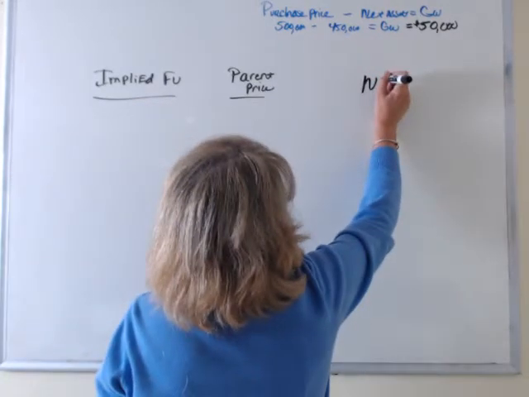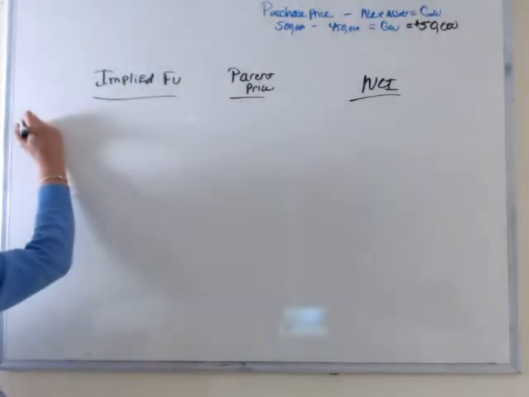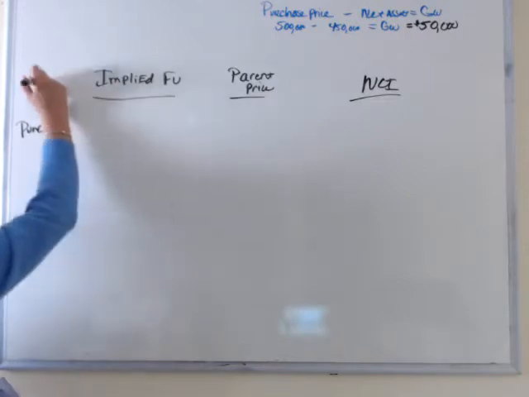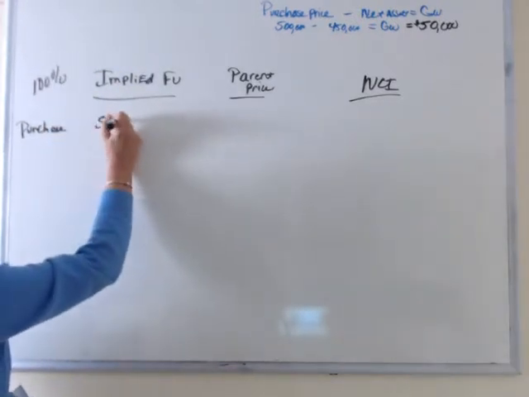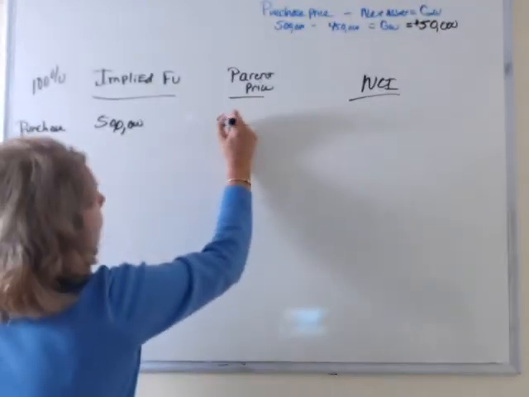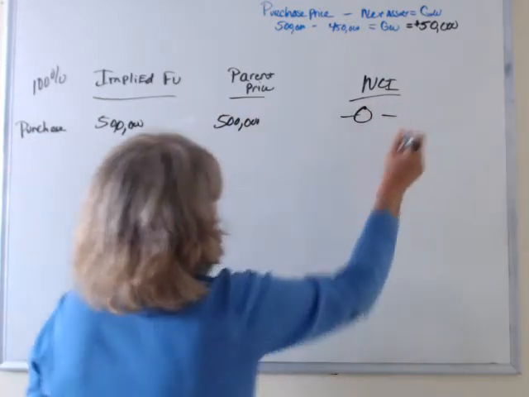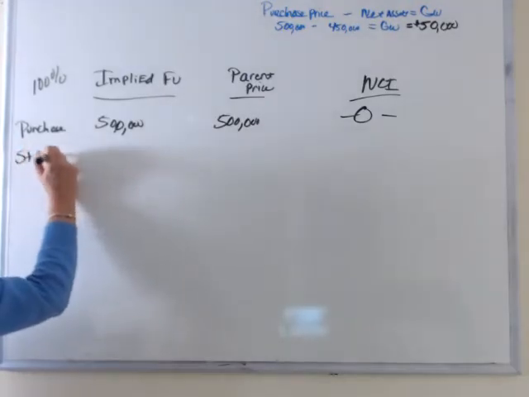Then I have non-controlling interest. Then I have purchase price. I just input my number. They own 100%. That is 500,000. The parent price is the same because they own 100%. Non-controlling interest is 0.